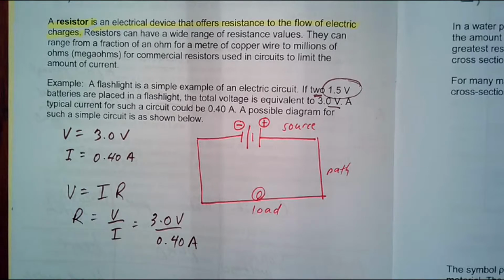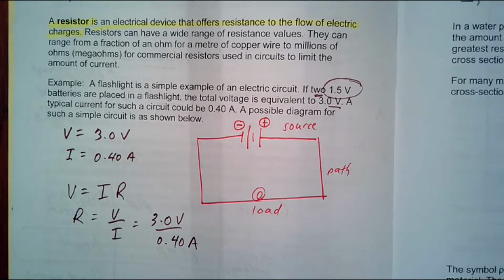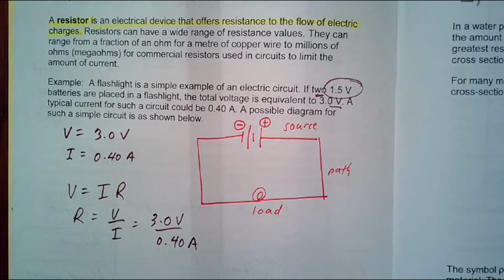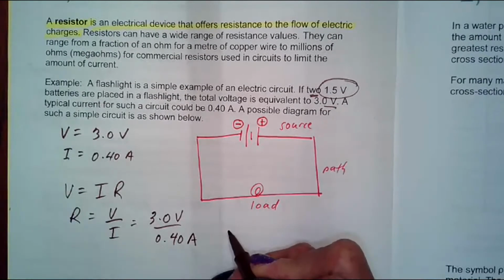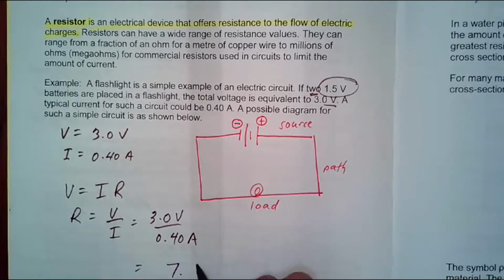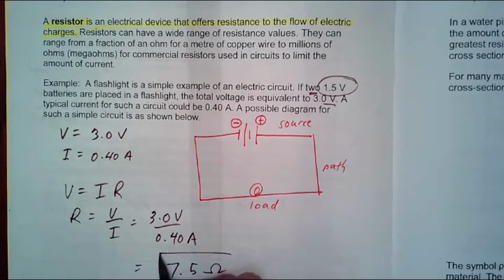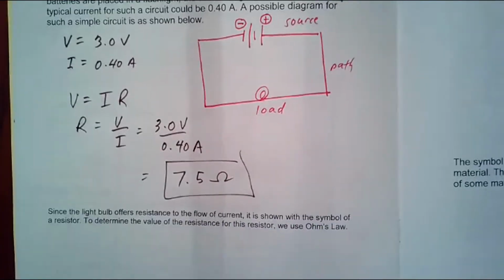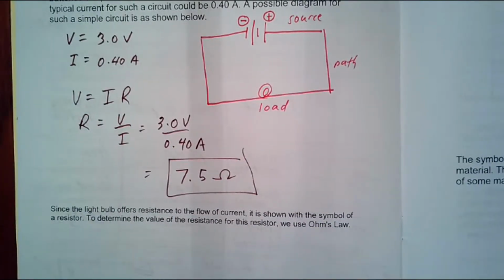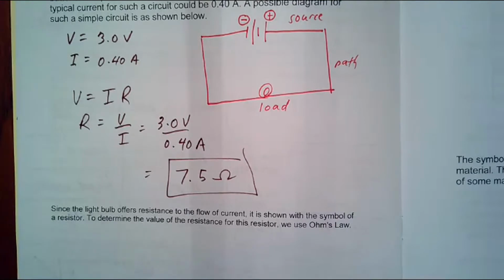And what do we have? Get your calculator ready. You have 7.5 ohms of resistance. It actually asks you to do it down here. So that is the value of the resistance in this very simple flashlight.